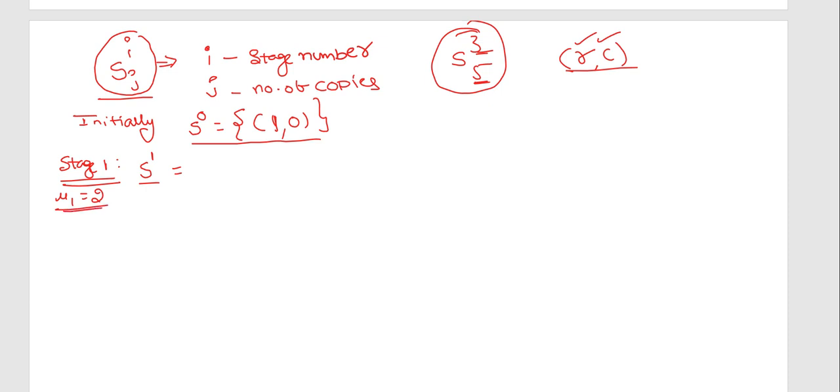That means we can make a maximum of 2 copies, either a single copy or 2 copies, both are allowed. In each and every iteration I will try to implement all possible cases. So the formula is S power 1, that is stage 1 with 1 copy, union stage 1 with 2 copies.